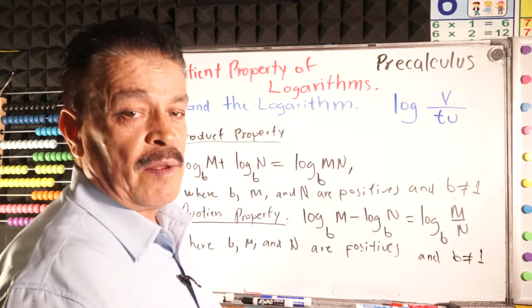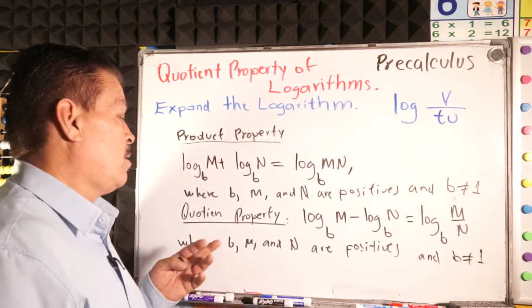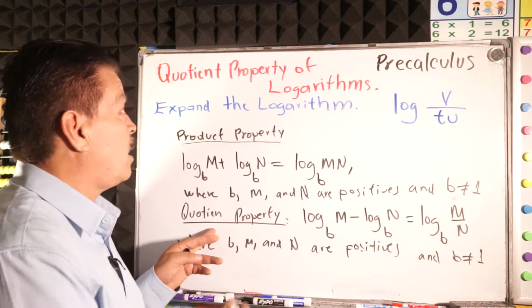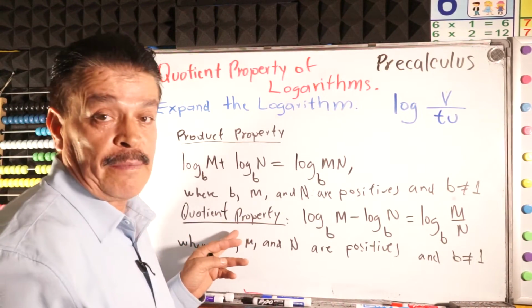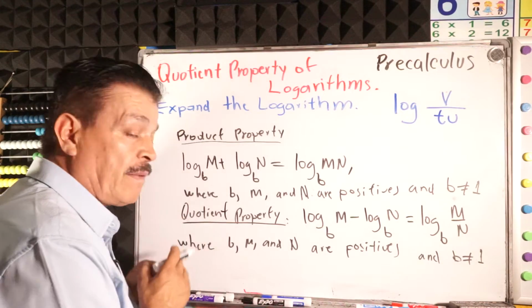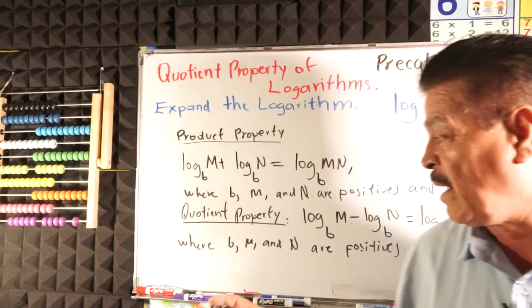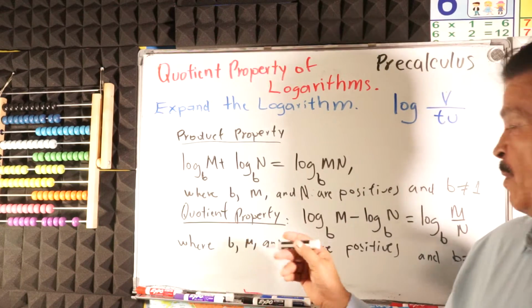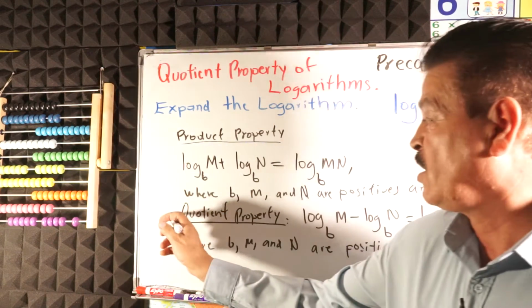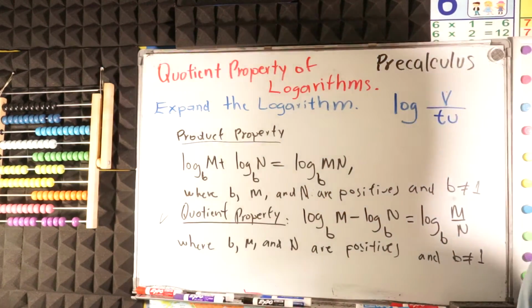Okay, this is the quotient property. Very important that we have to memorize this kind of property. We'll teach this property today.